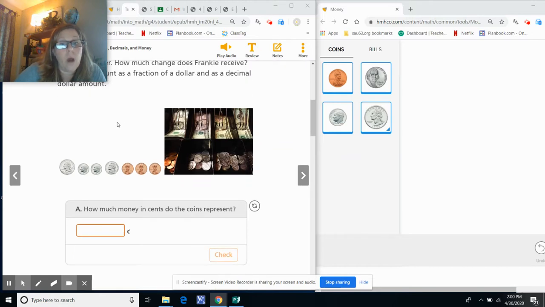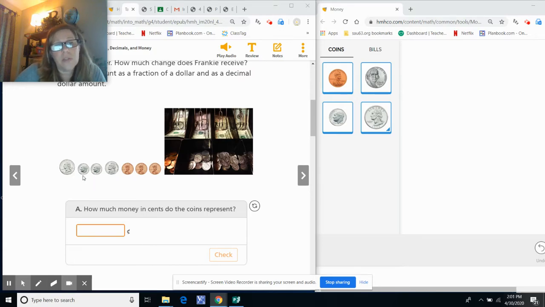All right, so one way to count this up is just simply count the money. And so you have 25 cents, and I like to make them into tens, groups of 10. So here's 25. If I add 5 to that, it makes this 30. And then we have 40, 50, 51, 52, 53. Okay, remember our quarters are worth 25 cents.